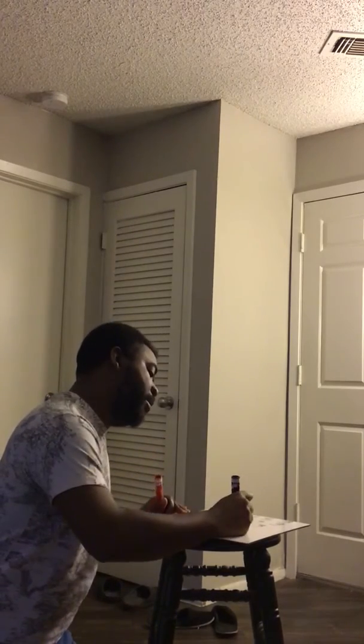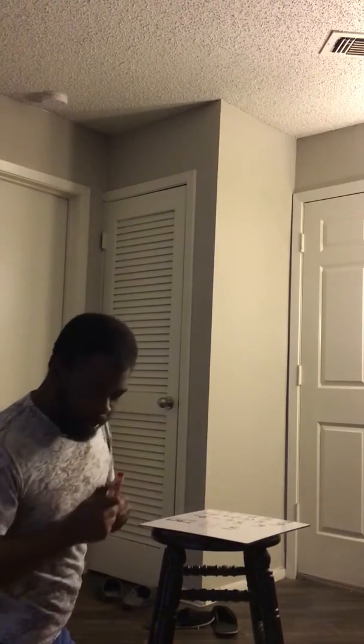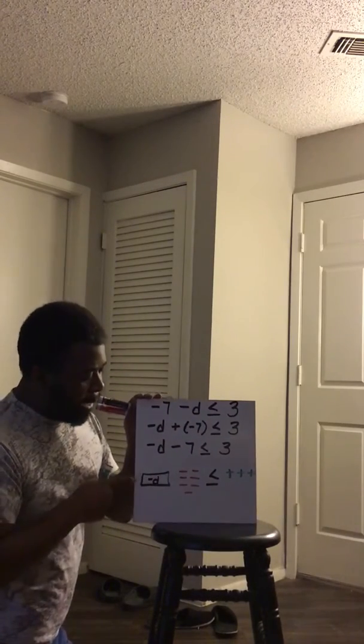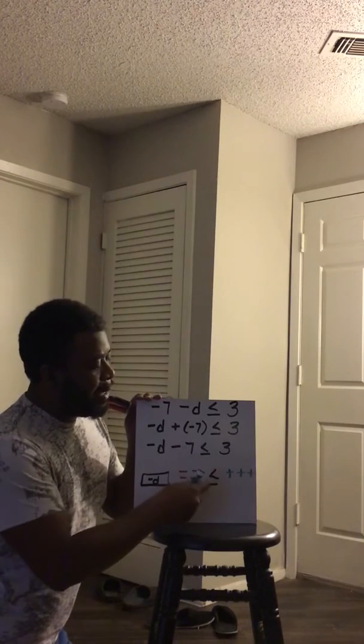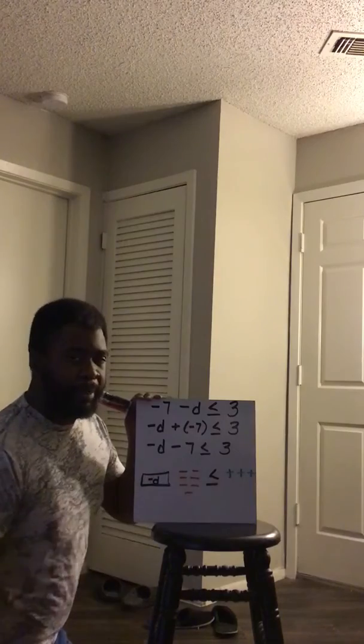And that's got to be less than or equal to 3 positives. Okay? Negative D is our variable. 7 negatives less than or equal to 3 positives.